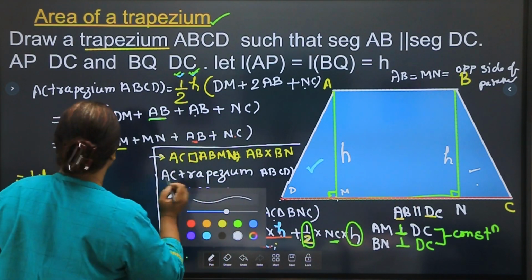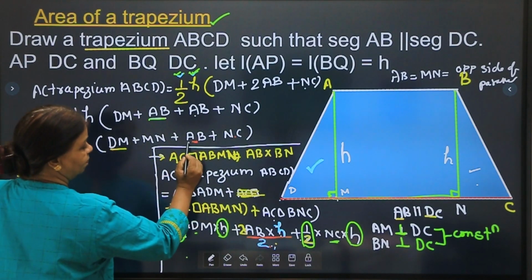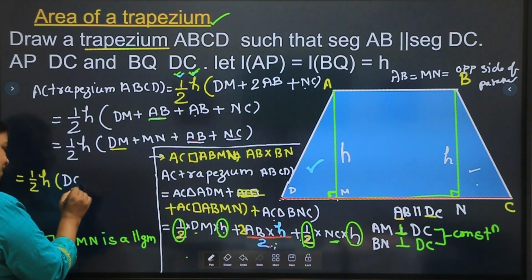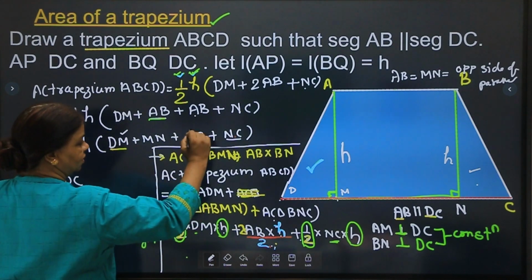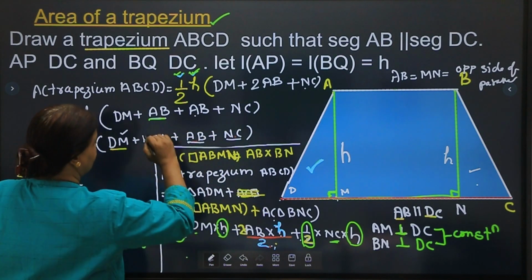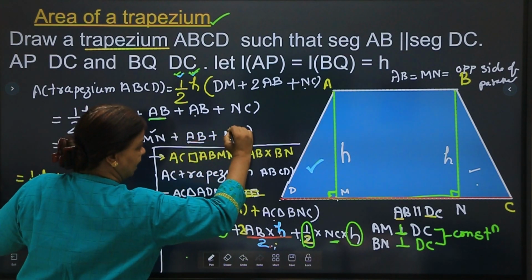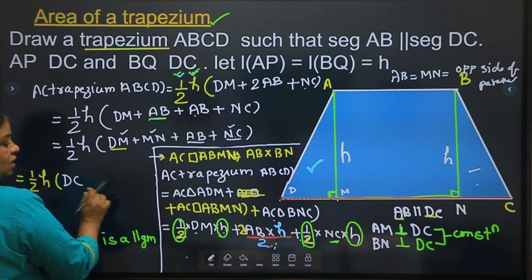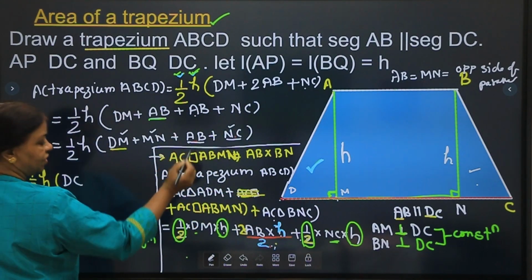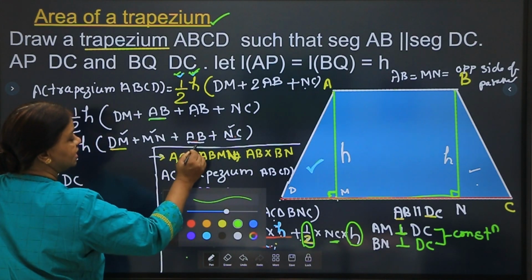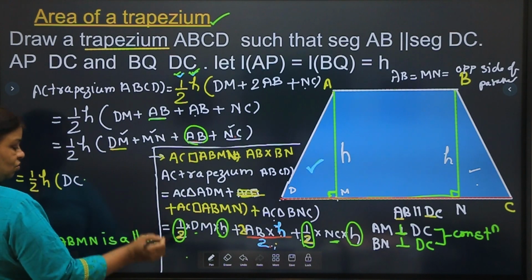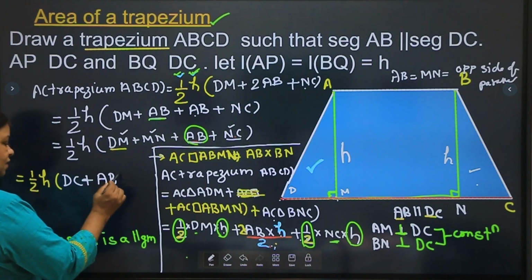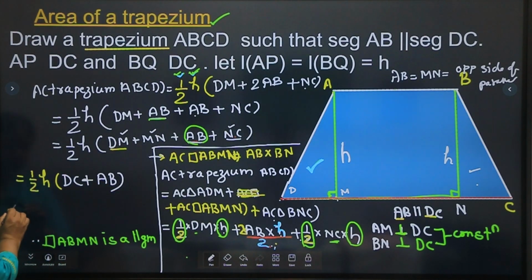So I can say here DM plus MN plus NC is nothing but DC. So DM is gone, MN is gone, NC is gone. See, DM, MN and NC total DC. Now what is left? The left one is AB. So I can say here plus AB. Clear? Now what are you getting here?